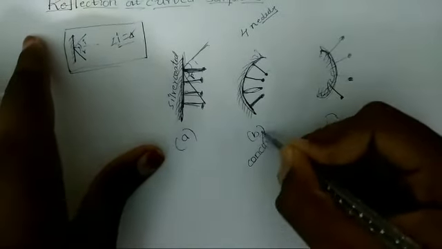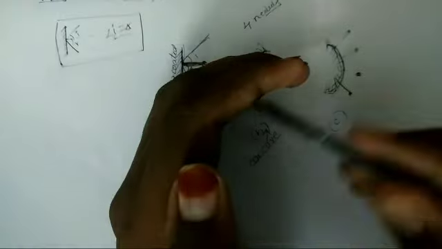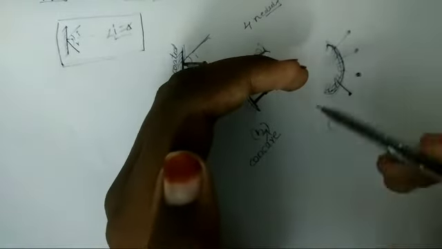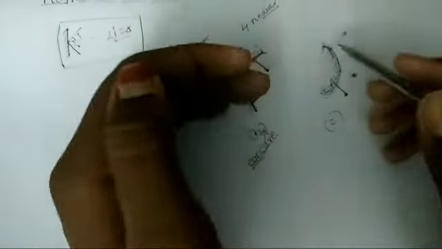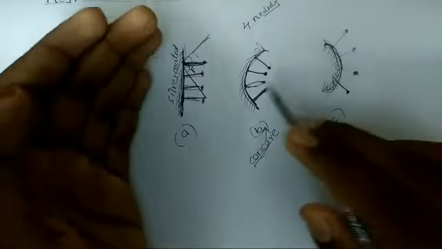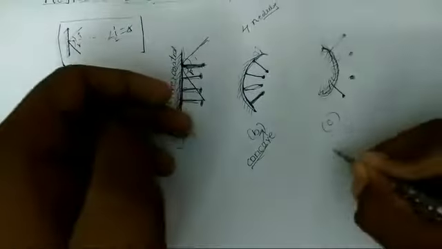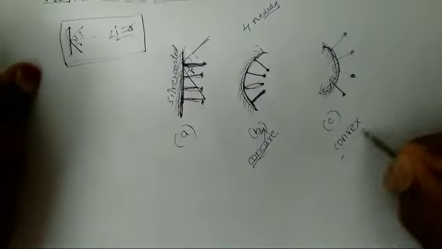If the back side of the mirror is silver coated, and the reflecting surface is like C, it is called a concave mirror. But this is not like C, it is opposite to C. This is called a convex mirror.